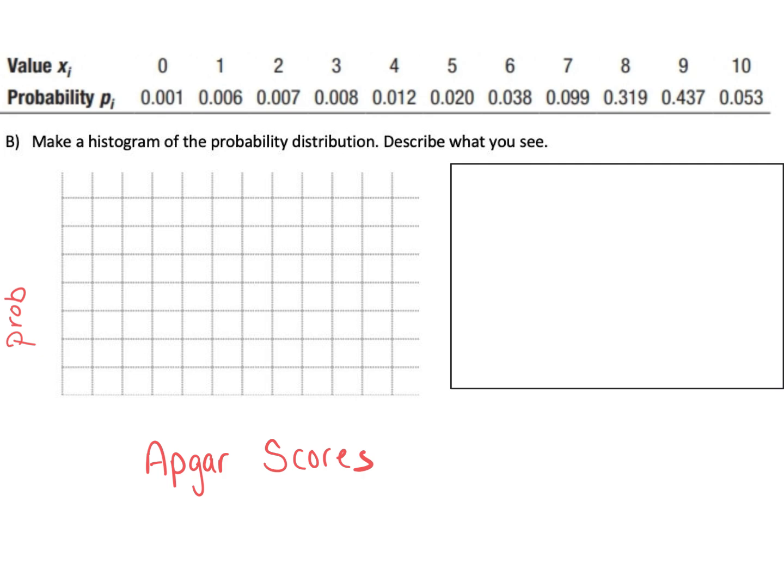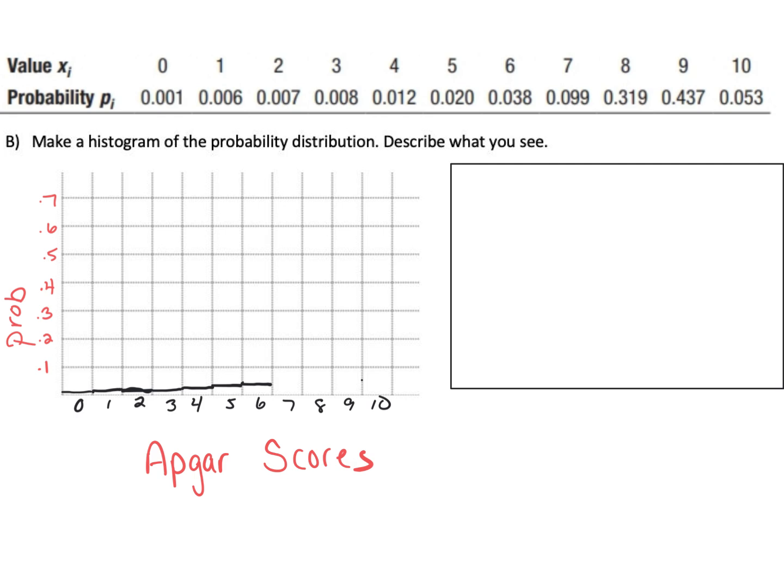And as you make your histogram, I'm almost making my little bars too high here because they're hardly even. 0.008 is so small. 0.02, 0.038. Now we're at least getting a little bit bigger, 0.09.